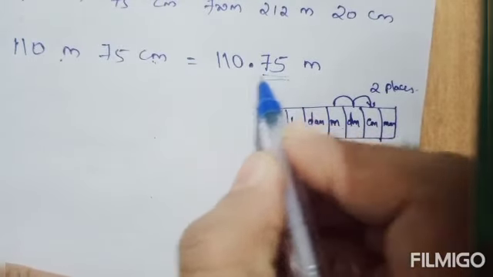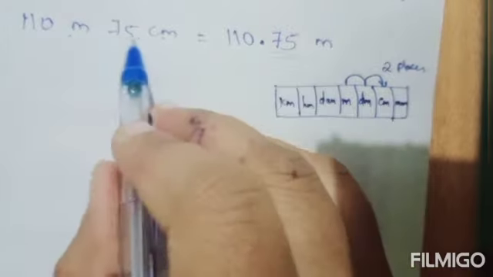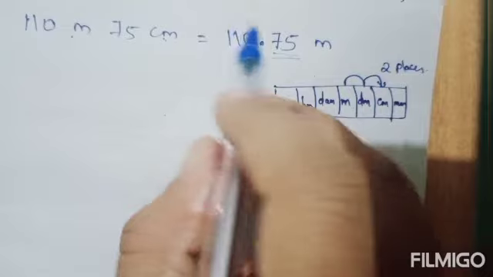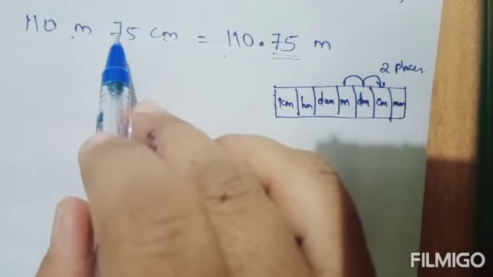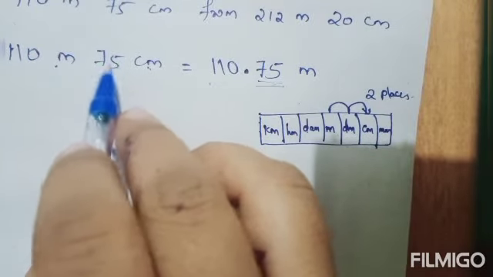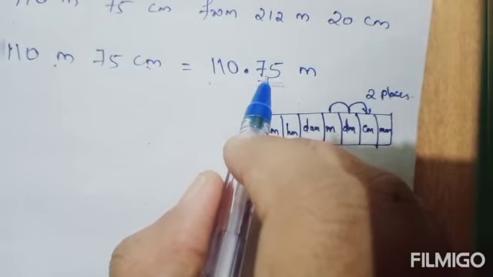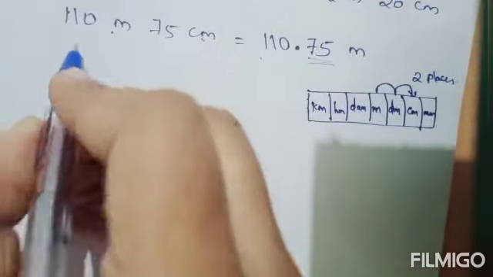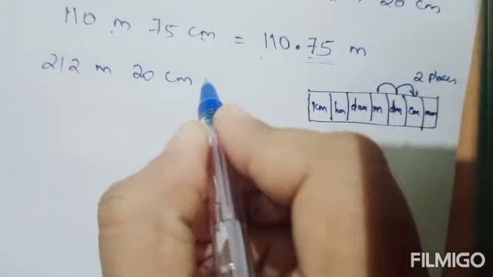So 110, the meter part, you can write before the decimal point, and the centimeter part should contain 2 digits, 75. So 110.75 meter.